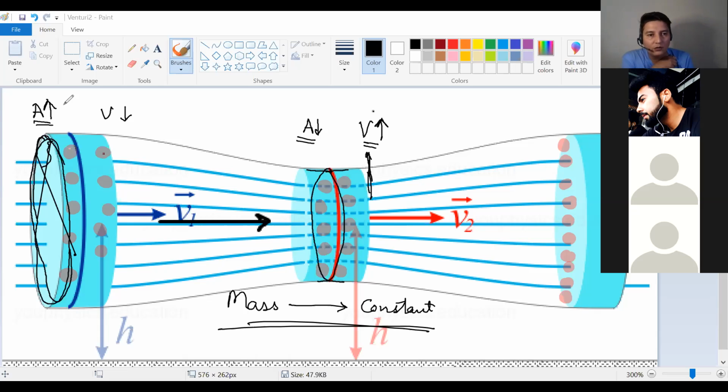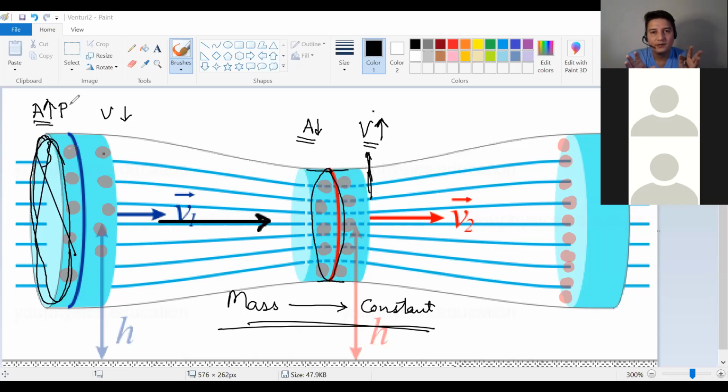Now we will talk about pressure. Please remember, always in aviation, when we talk about pressure, we are automatically talking about static pressure. We are not bothered about kinetic pressure unless specified. Otherwise just assume that they are talking about static pressure.